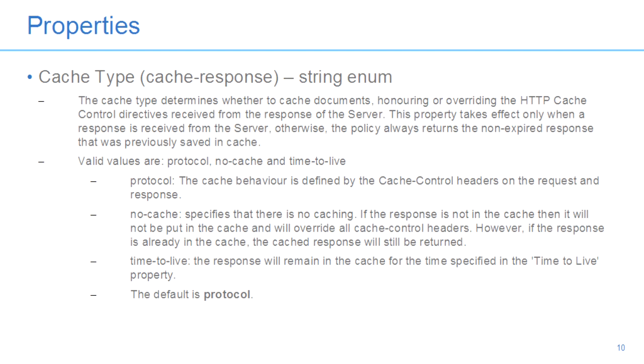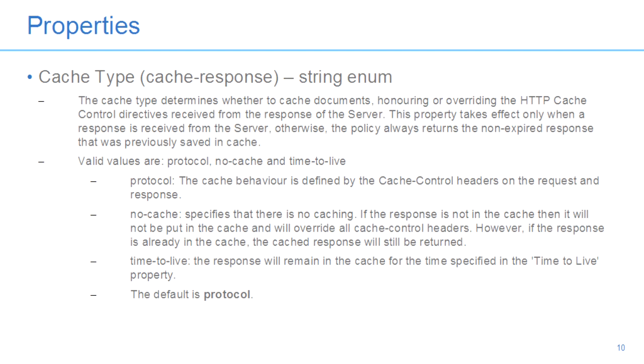So we have three properties. The first of them is cache response or cache type, which defines how you want the caching to be performed. And there are three options for this. One is protocol, and that basically says use the actual caching behavior that's defined within the headers on the request and the response for that invoke or that proxy.